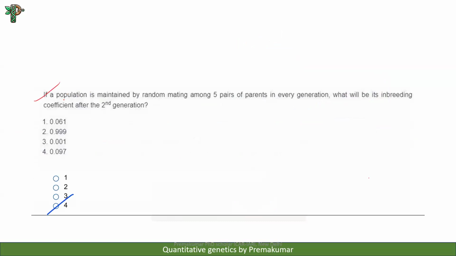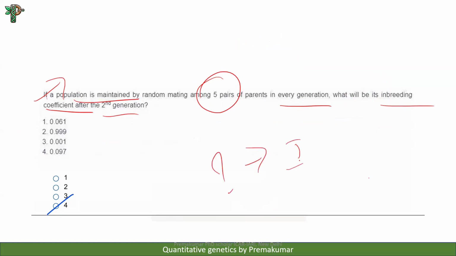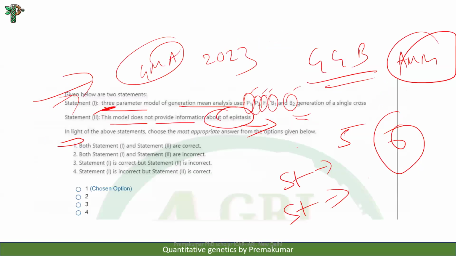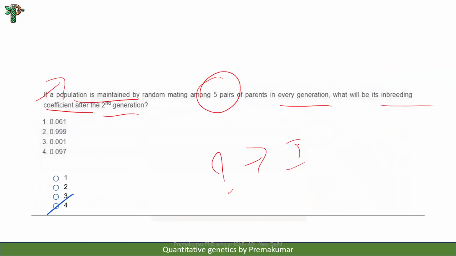Then in a population maintained by random mating, five pairs of parents in every generation, what will be the inbreeding coefficient after the second generation? Please solve it. I have given the formula in the last classes. Okay, what is the formula? Here I will write. For example, we have five pairs of parents.